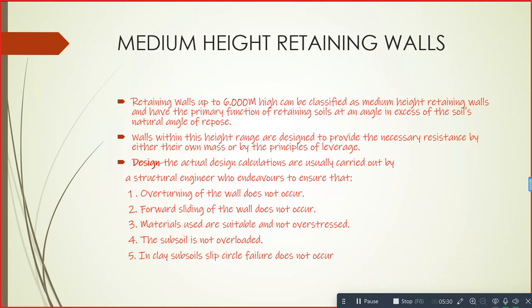Retaining walls up to 6 meters high can be classified as medium height retaining walls and have the primary function of retaining soil at an angle in excess of the soil's natural angle of repose. Walls within the height range are designed to provide the necessary resistance by either their own mass or by the principles of leverage.